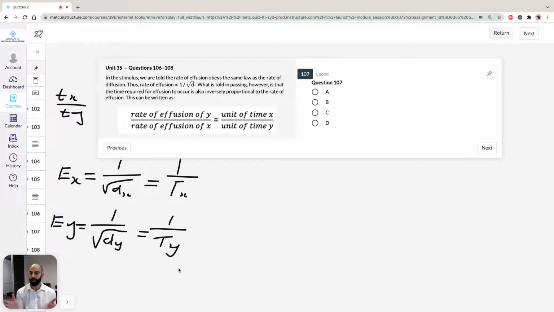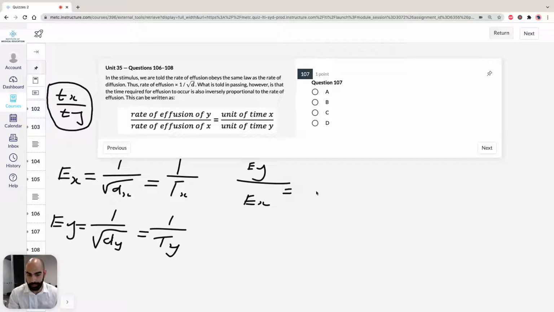So we have these two equations, and we've been given this ratio. How do we achieve it? Because it's Tx over Ty, and the rate of effusion is reciprocal, it's going to be flipped over. So you'd have to do EY over EX. Let's try it for time.